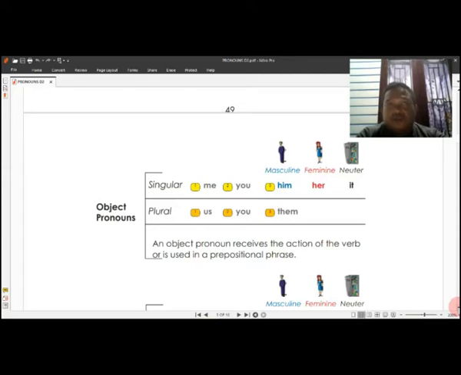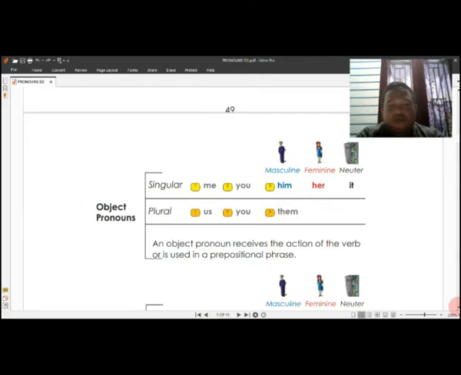Since Julie comes after the verb, which means that Julie is the person who receives the action, and the action is gives, Julie must be transformed into an object pronoun. So Julie does not become she but her. If we transform the sentence by using pronouns, it becomes she gives her a book. So Diana becomes she, Julie becomes her. So that's the rule.